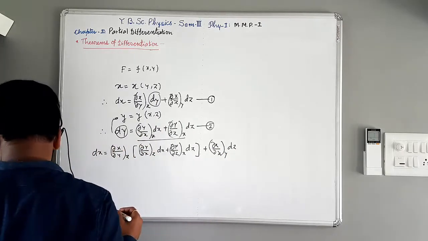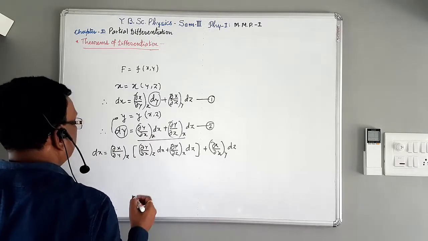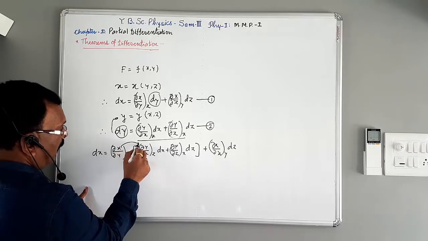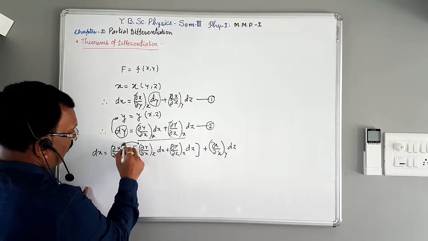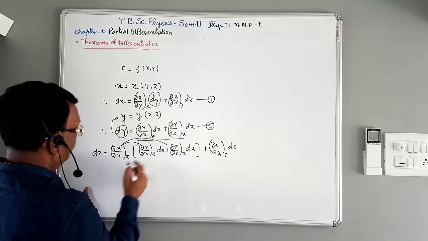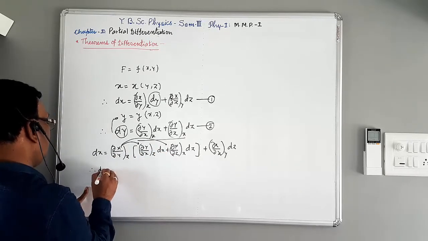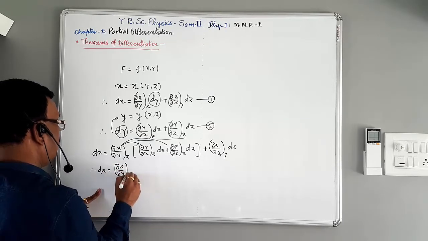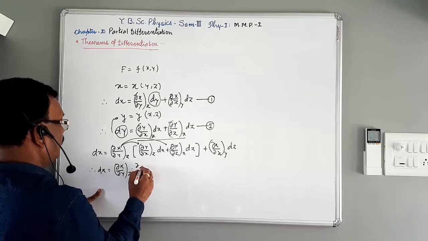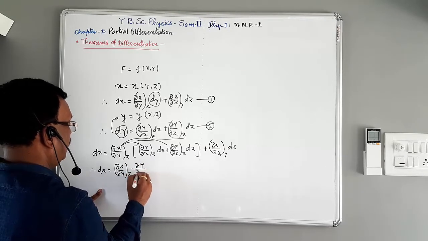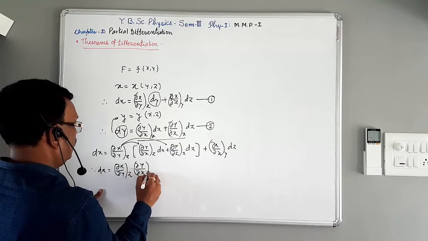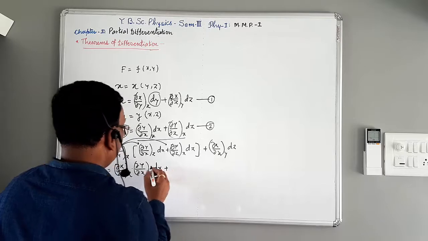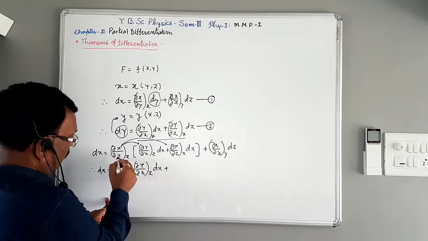Now simplify this term. In order to simplify, what we have to do? We have to multiply this term by this term, and again multiply by this term. Therefore, dx is equal to delta x by delta y at constant z into delta y by delta x at constant z dx. Now this is the first multiplication.